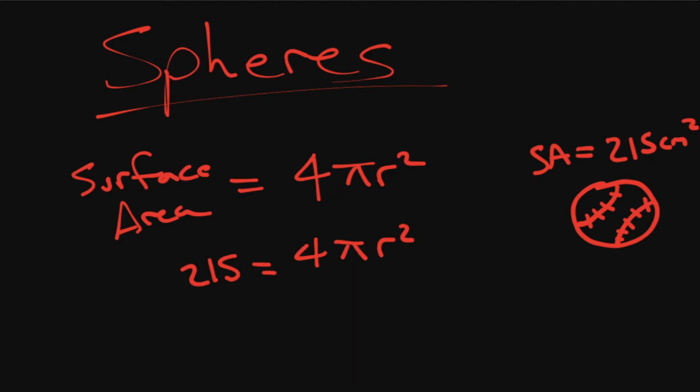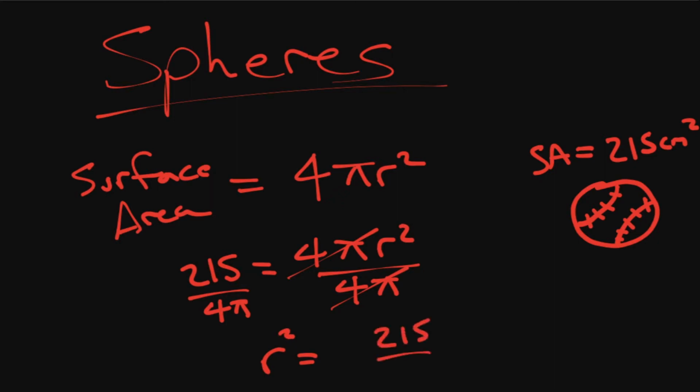If I divide both sides by 4 pi, I'm left with r squared on this side because the 4 pi and 4 pi cancel out. Then if I take the square root of each side, I'm left with r.